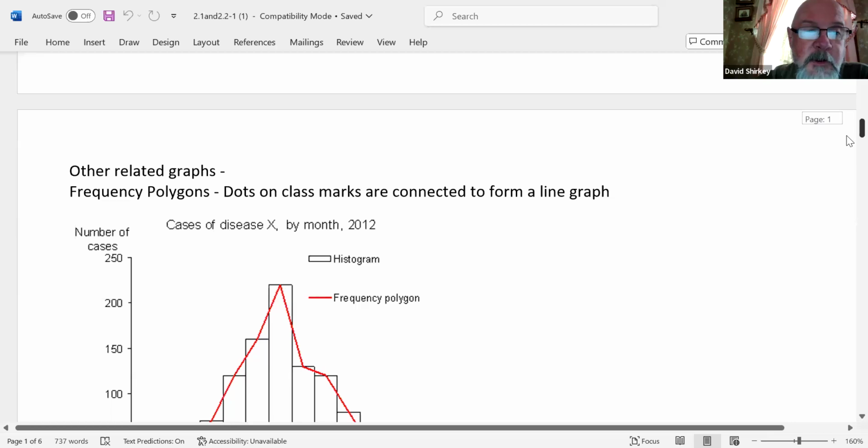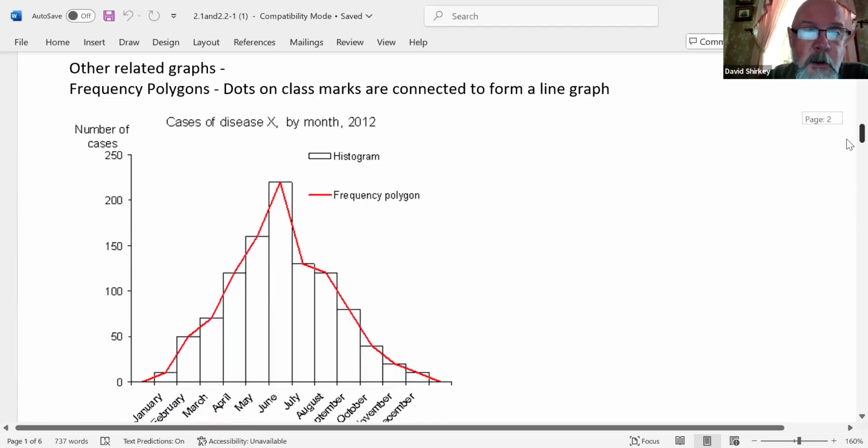Other related graphs that you're looking at. Notice the histogram underneath here. I pulled this off the internet, and I don't know what disease this is referring to, but it's in 2012, and they're looking at cases of disease X by month. You can see that they've labeled the number of cases on the left side of the graph.